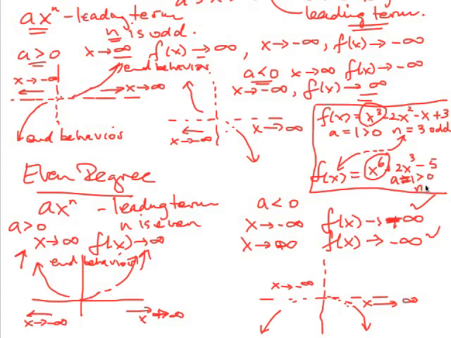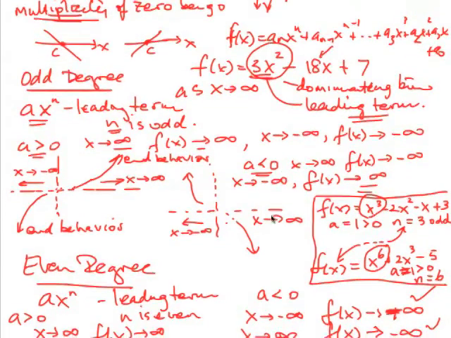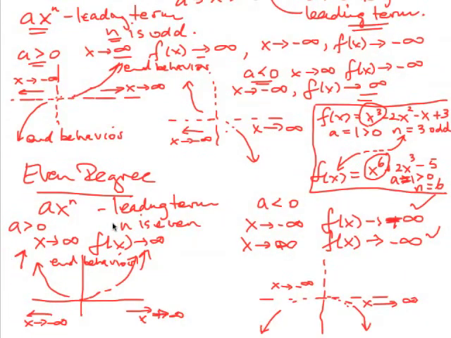But now n is equal to 6, which is even. So we're looking at this particular case down here. A is positive, n is even, so we have this kind of end behavior, and so we'll end up with something like that. If I do that here, it'll be going up like this, and then up like this. And that's how we work out the end behavior.